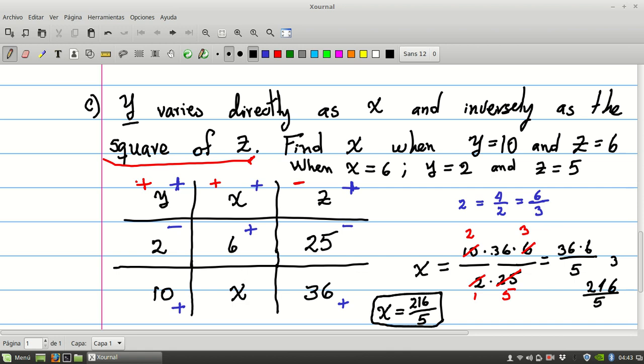Okay, and that's the answer. That's how you find x using both inverse and direct variation situations, I mean a joint variation situation, by using a table. Okay, obviously if you feel comfortable using the equation, you can solve it as well using the equation.